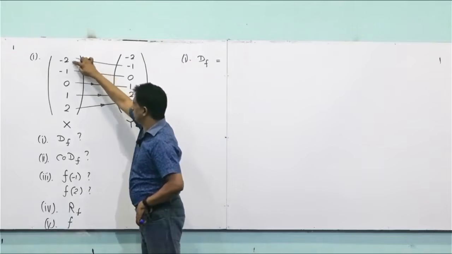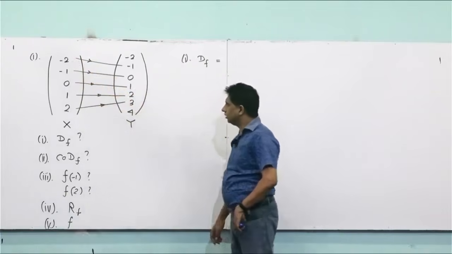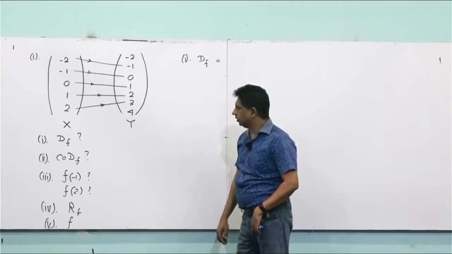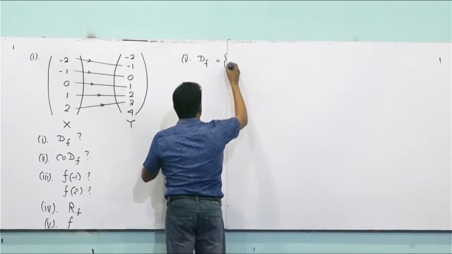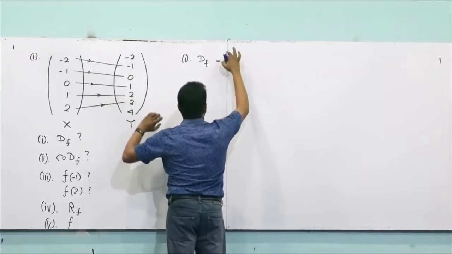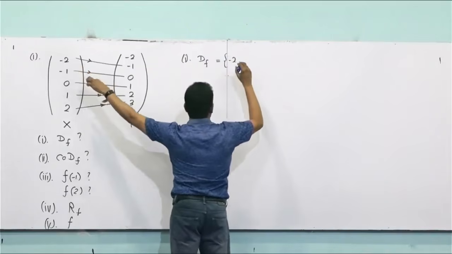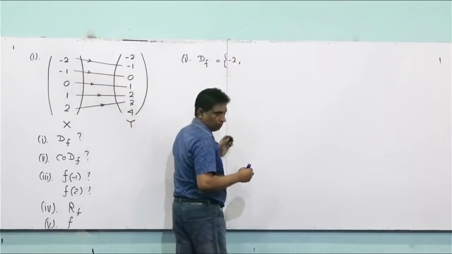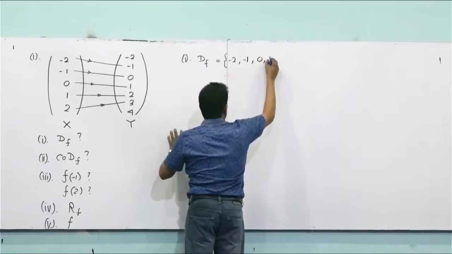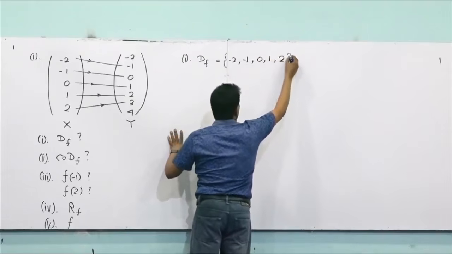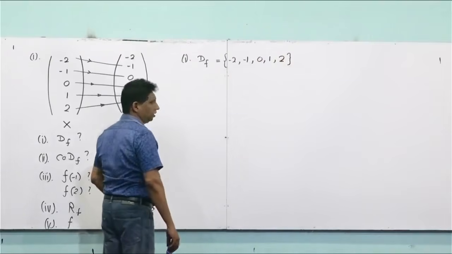This set elements are integers, no? So we can write down this set. We have to write each element by separating with comma, no? Minus 2, comma, minus 1, comma, 0, comma, 1, comma, 2. That's all. Then this is the DF.